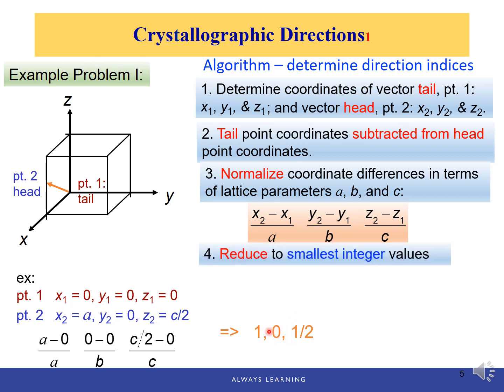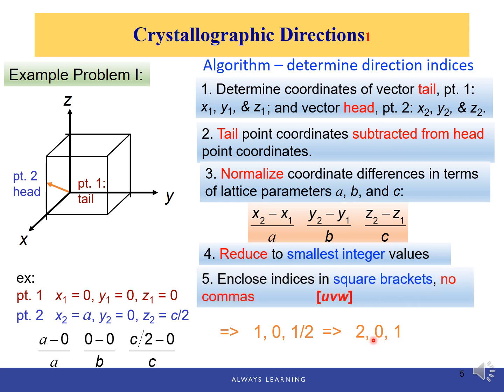Now, step 4 is to reduce to the smallest integer values by multiplying each number by 2. Again, Miller indices include 3 integers, so fractional numbers are not allowed in the final result. Therefore, we need to reduce the numbers to the smallest integer values. So 2, 0, 1 is what we have now.